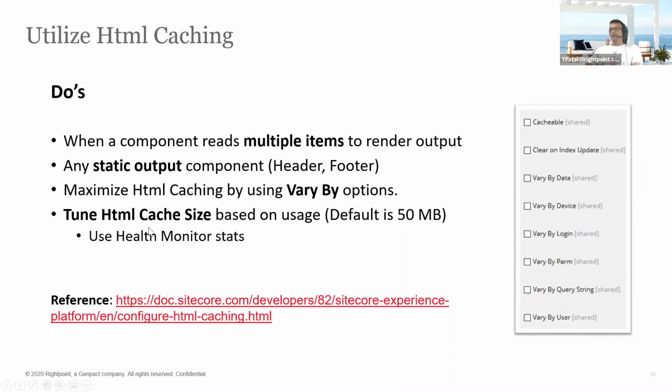Again, as we mentioned, tune HTML cache size based on the usage, and that will be site specific. And the health monitor logs I showed will really help. I remember in our previous implementation, when there was no health monitor, we created a job that ran every 5 minutes.